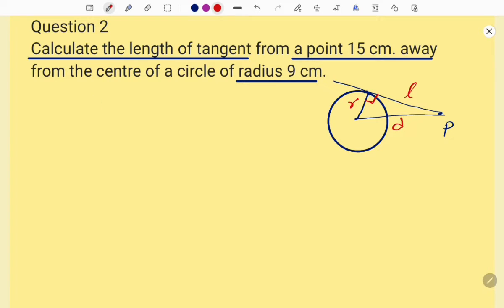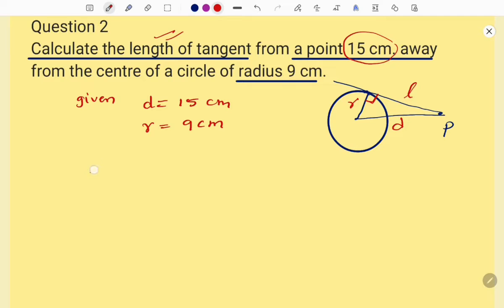Now, given that the point is 15 centimeters away from the center, the distance D is equal to 15 centimeters, and the radius is equal to 9 centimeters. So now you can find the length of the tangent.